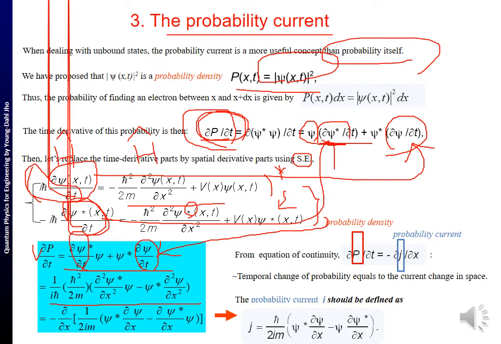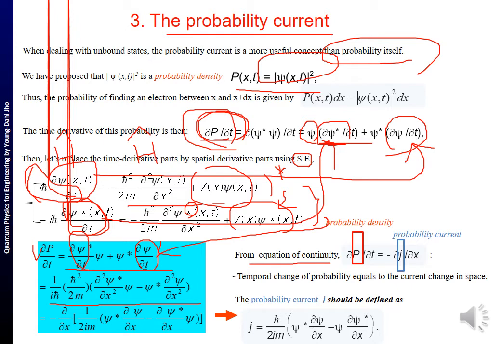So the potential part, they subtract with each other, so it disappears, and the others are arranged like this: minus ∂/∂x of 1 over 2im, then ψ conjugate ∂ψ/∂x minus ∂ψ conjugate/∂x ψ. Then we see that this is quite similar to the equation of continuity of electromagnetism.